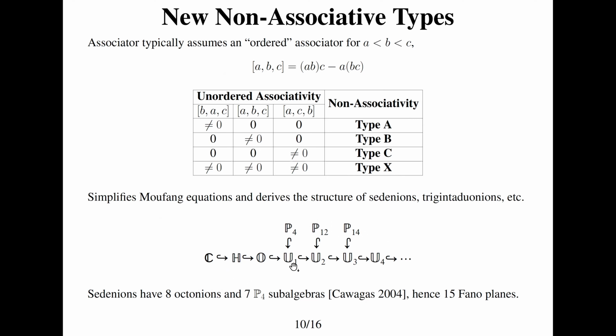I'm calling them U1 because when you get to U2, trigintaduonions are too hard to say. U3 does not have a consistent name. If U4, you would have to call them 128-onions, which is an impossible search term in your browser.